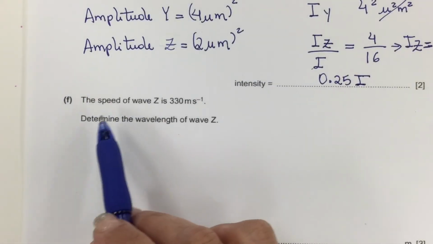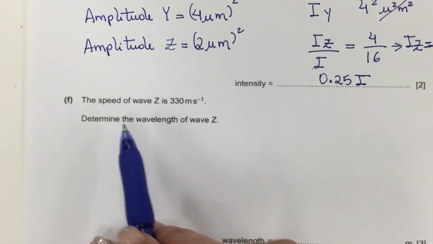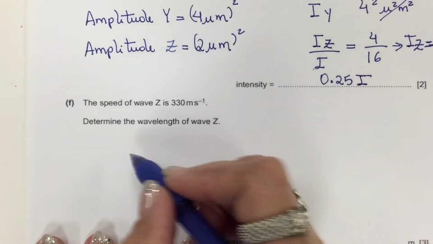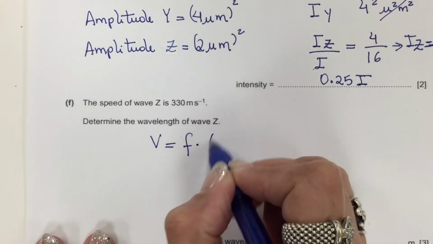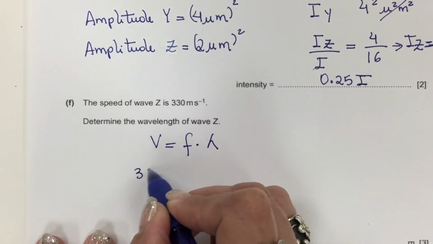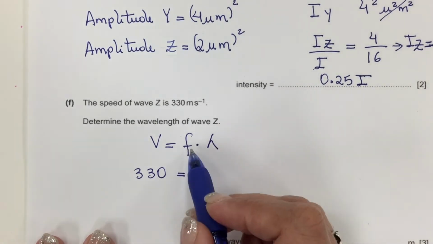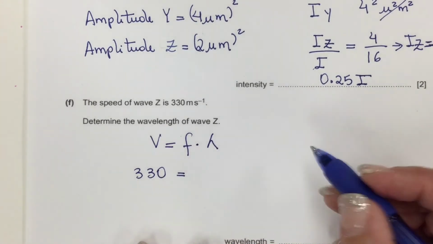Last question. The speed of wave Z is 330 meters per second. Determine the wavelength of wave Z. So we are going to use the speed of a wave formula. The speed is 330 meters per second. The frequency, we don't have directly, but we have the period.